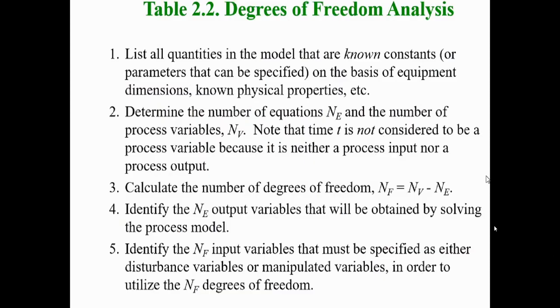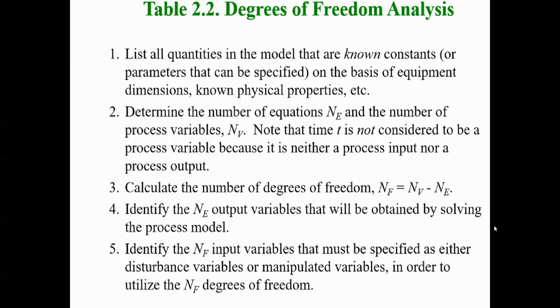So from there, we come up with the degrees of freedom analysis. We can list all quantities in a model. They are constants or parameters that can be specified on the basis of equipment dimensions and physical properties, etc. And we can also determine the number of equations N_E and the number of process variables N_V.